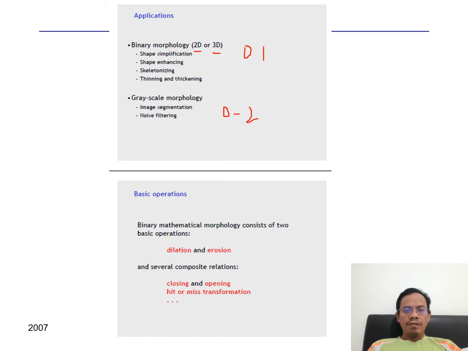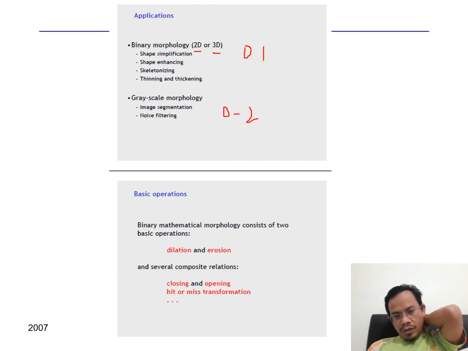So there are a few applications of morphology in binary format. But for grayscale, there are only two applications: image segmentation and noise filtering. So this is the difference between grayscale morphology and binary morphology.